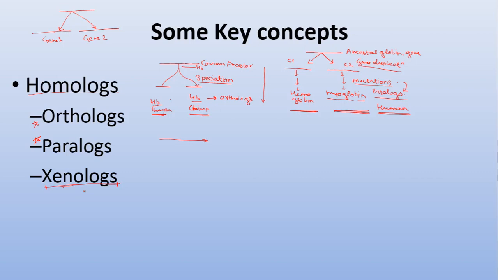Today we have learned some key concepts: what homologs are, what the different types of homologs are, and what different terminologies are generally used when you discuss the phylogenetic tree. Now you know how to interpret a phylogenetic tree, what is to be considered in your phylogenetic tree and what is not to be considered in interpreting it.